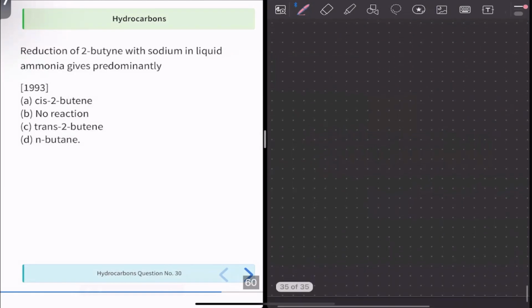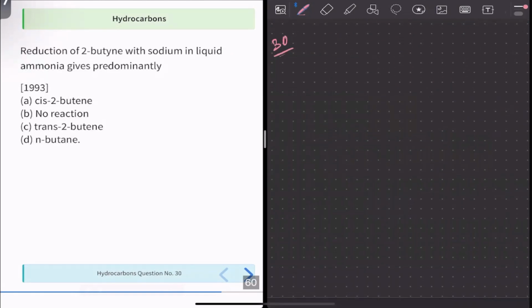Let's move to question number 30. Reduction of 2-butyne with sodium in liquid ammonia gives predominantly. We discussed this earlier today, that 2-butyne will react with sodium in liquid ammonia to give trans 2-butene.